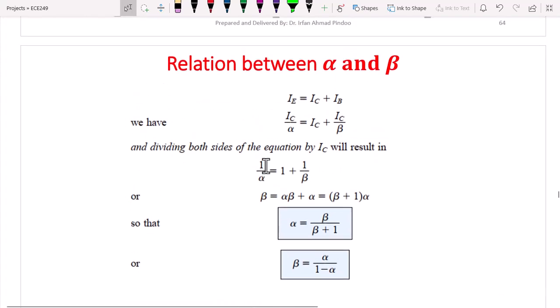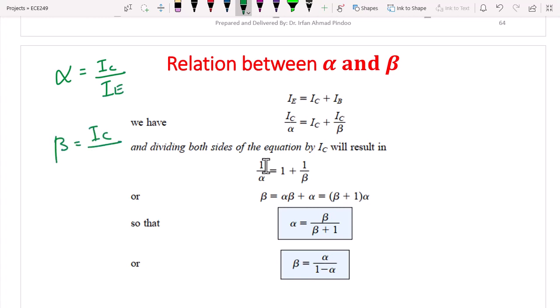Now what is the relationship between alpha and beta? We define two parameters, alpha and beta. Alpha is defined as the ratio of IC upon IE, and beta is defined as the ratio of IC upon IB. The ratio of collector current to emitter current is called alpha, which is a current gain, and IC upon IB is called beta, which is also a current gain.